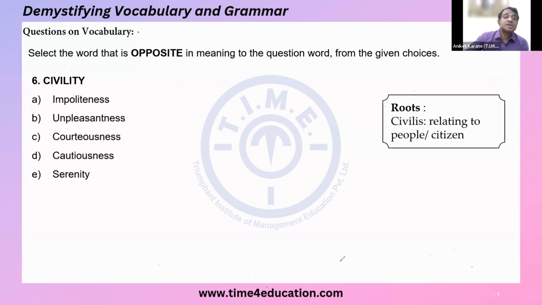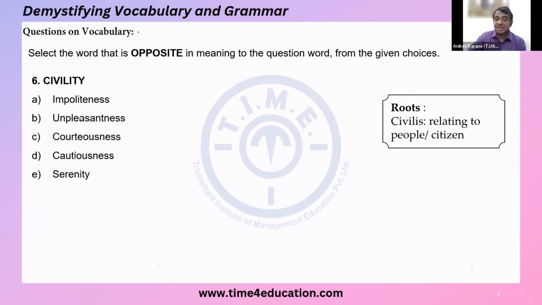This relation to people, relation to citizen, means someone who is very upright, very polite in his behavior. So if the opposite of polite is what we are trying to figure out, then the answer would be impoliteness.